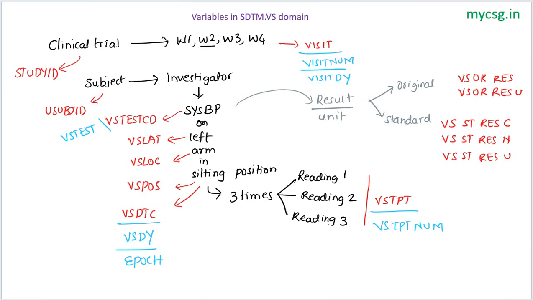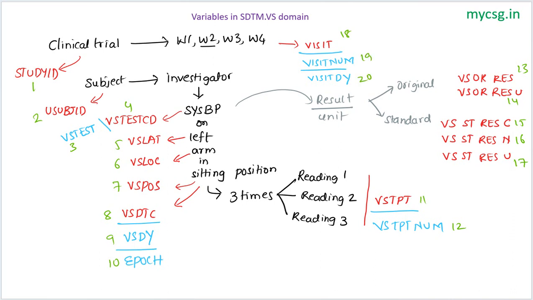Now let us try to identify how many variables we were able to identify with this flow. 1, 2, 3, 4, 5, 6, 7, 8, 9, 10, 11, 12, 13, 14, 15, 16, 17, 18, 19, 20.